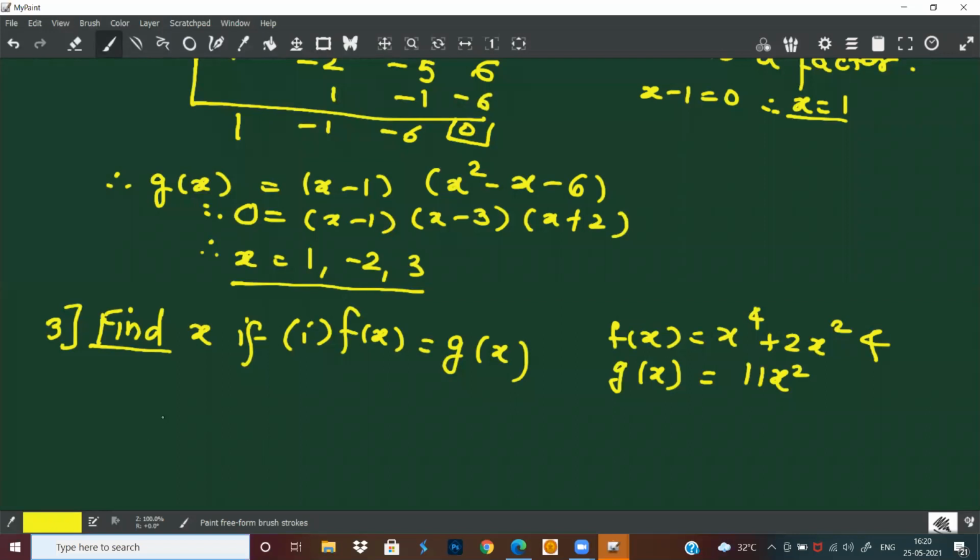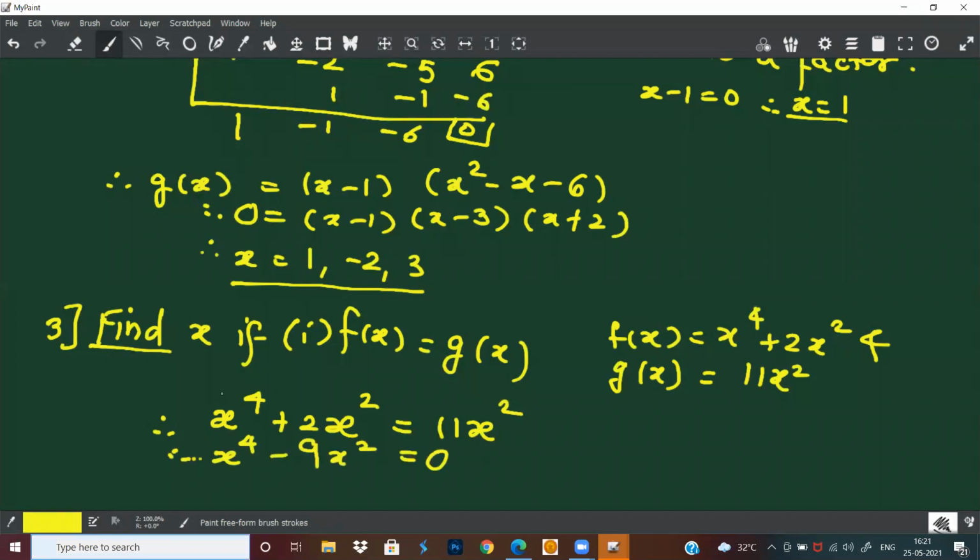F of x is equal to g of x is given. So f of x is this and g of x is this. So you will have x fourth minus 9x square is 0. Now यहाँ बहुत लोग गलती करते हैं, they divide by x square. You should not be.